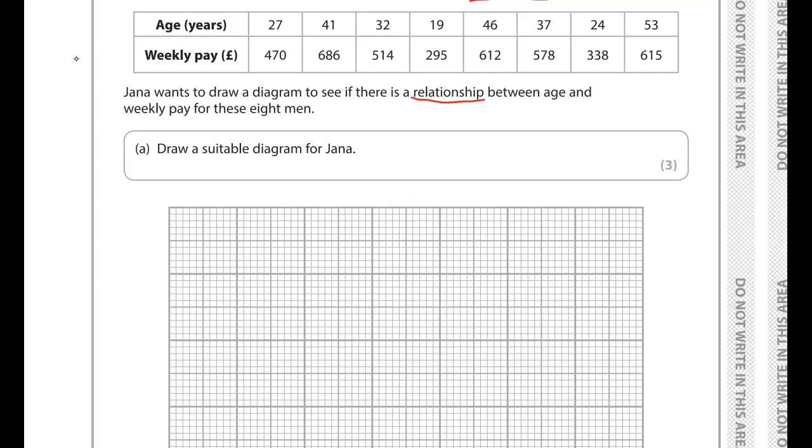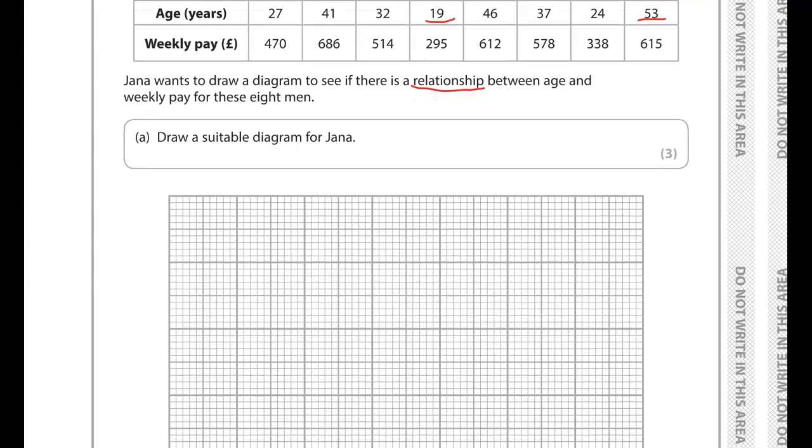Looking at the numbers related to age, what's the lowest? That is 19, and the highest is 53. So maybe 20, 40, 60.